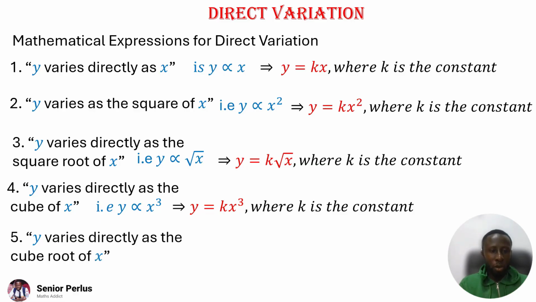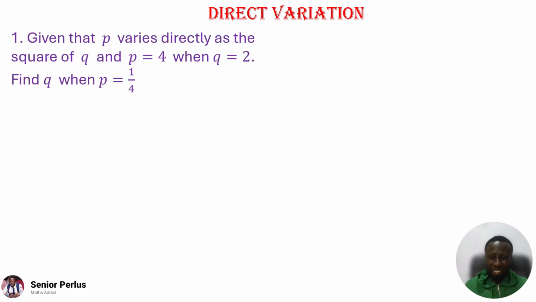Last one, y varies directly as the cube root of s. Everyone knows how to write the cube root? Yes. So this is the cube root. So y varies directly as the cube root of s. So this is direct variation. So let's put it in an equation form.